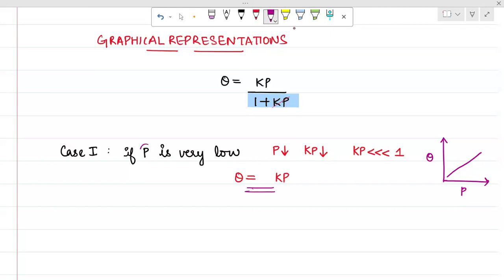That was because P is very low. If P is very low, the value of Kp will also be very low, so you apply this condition at the denominator. If Kp is very low, we assume that it can be neglected in comparison to 1. That is what we do.